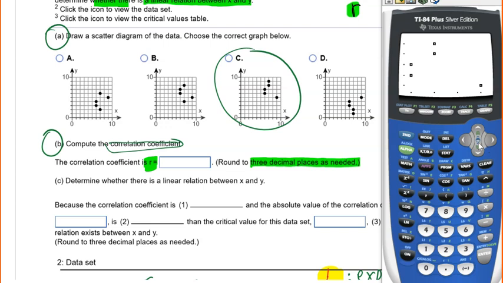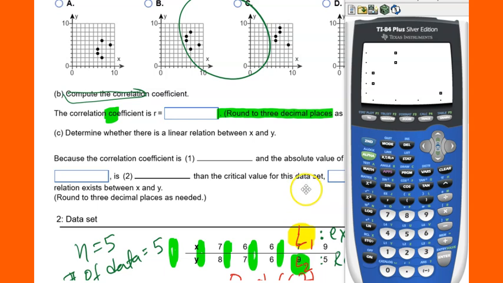Before you can find R in the calculator, you have to do something first.